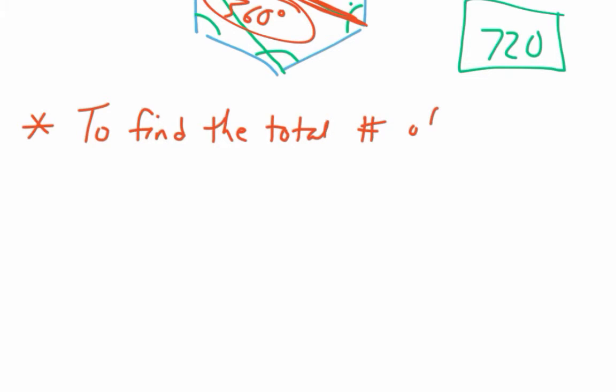So I'm going to say in red, or maybe put a star. You want to probably put something by this because it'll make it easier to find. So, to find the total number of degrees in a polygon, you could do a couple different things.